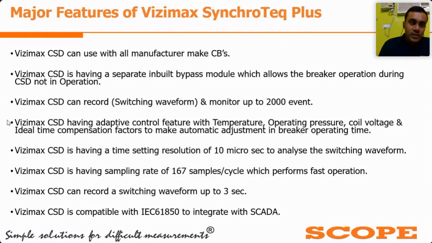Obviously, our relay has some features which are different from other companies' relays. The first one is that our CSD relay can be installed in any make of circuit breaker.